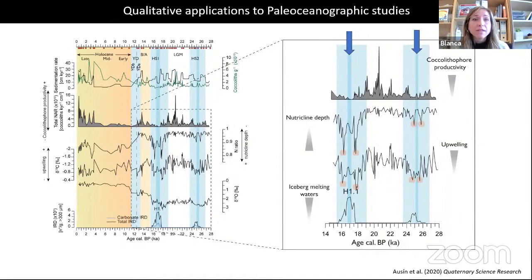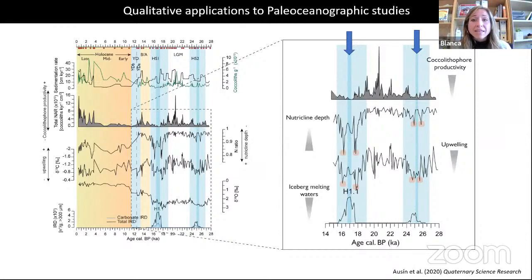However, during the real arrival of icebergs, which is marked by these maxima in ice rafted debris, we observed the opposite scenario. The N index goes up. That means that the nutricline is shallower, and there are also concurrent excursions of the carbon isotopes that indicate stronger upwelling.